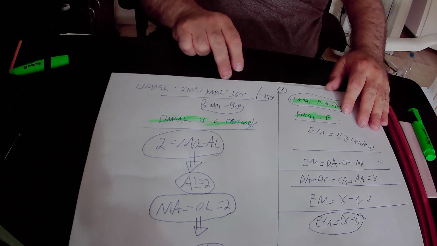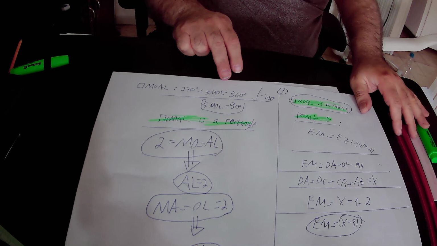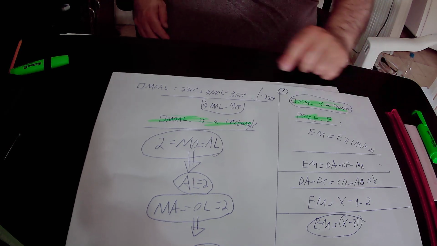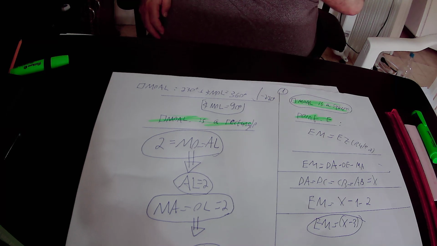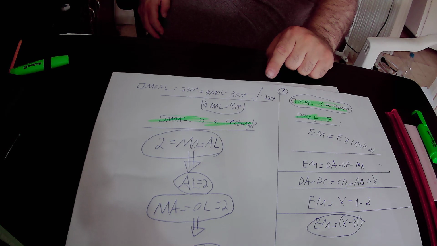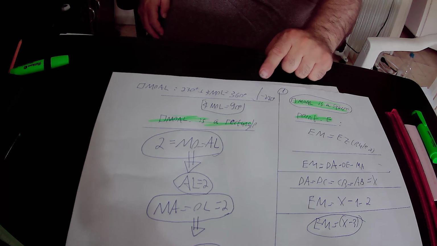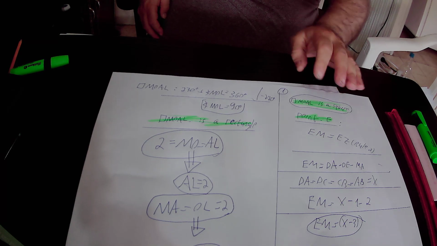In total, the sum of those 4 angles must be equal to 360 degrees, according to the rule that the sum of the angles in a quadrilateral is 360 degrees. Okay, here we subtracted 270 degrees and we found out that the missing angle MOL equals 360 degrees minus 270 degrees, which is equal to 90 degrees.